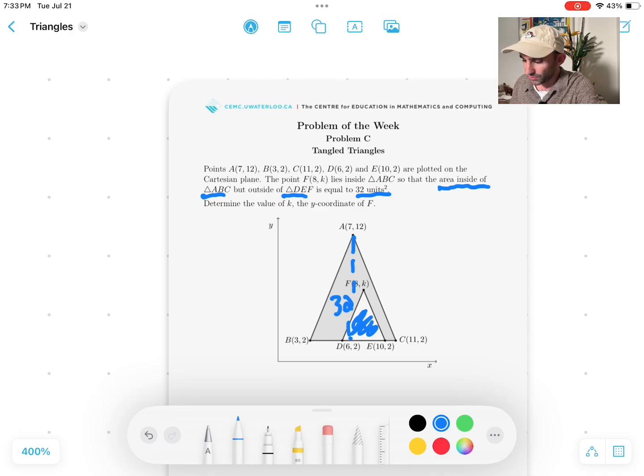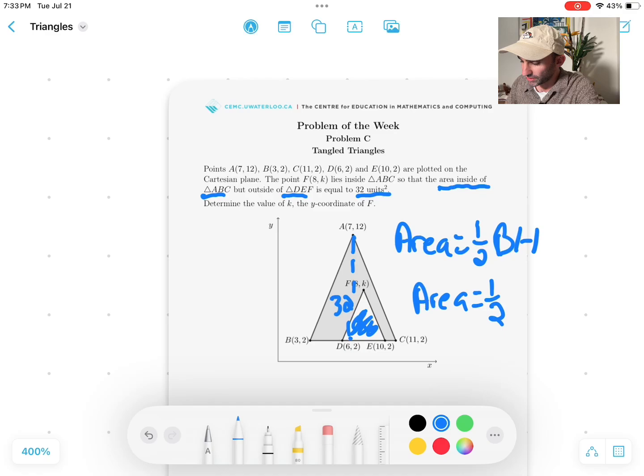So we'll just call that area. And we know the area of a triangle is going to be 1/2 base times height. So we write area equals 1/2.